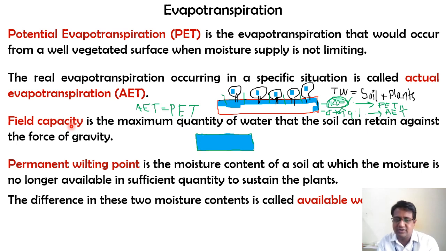Black cotton soil bulges whenever it absorbs water, so it has a greater field capacity. Red soil, or morum, has more voids, which allow water to infiltrate through because of gravity, so red soil will have less field capacity than black cotton soil.